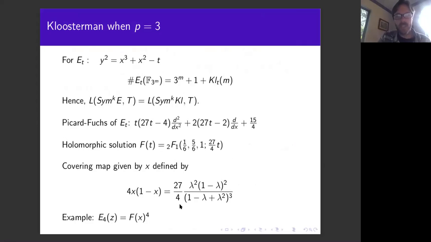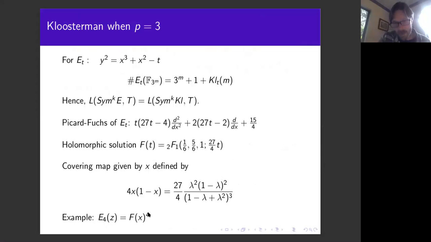And so here, for instance, I just want to mention that if you take this covering map that solves this quadratic equation in x, and with the lambda modular function, you plug that x into this hypergeometric function, out pops Eisenstein E4.